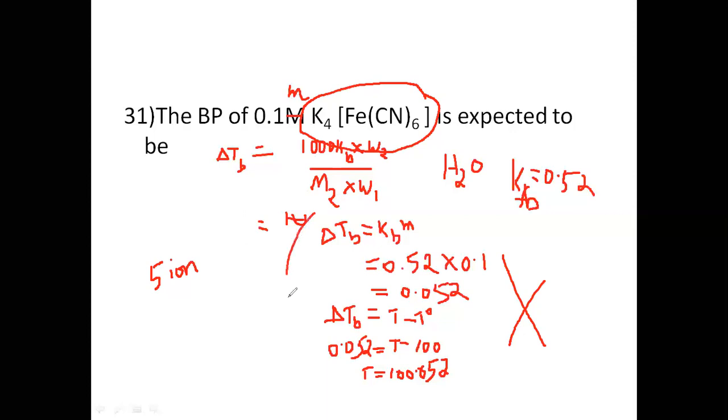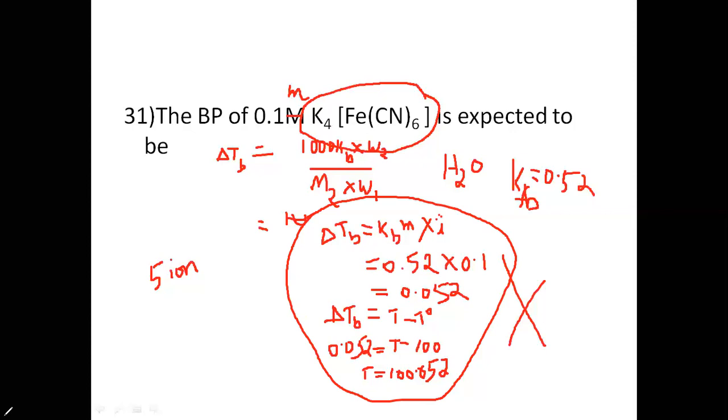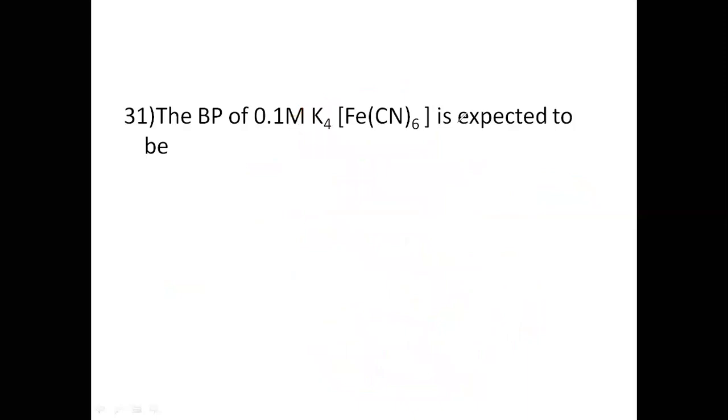In this calculation, I took potassium ferrocyanide as 1 particle, but actually there are 5 particles. So what I should have done is, for delta TB equal to KB into m, multiply by i, which I did not do. So now we'll solve this properly. You don't make that same mistake in the exam.